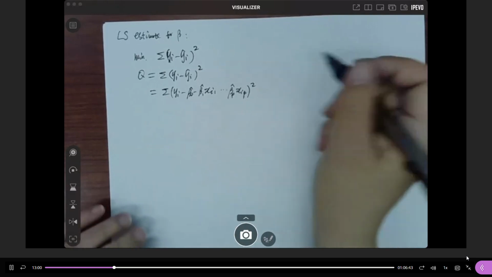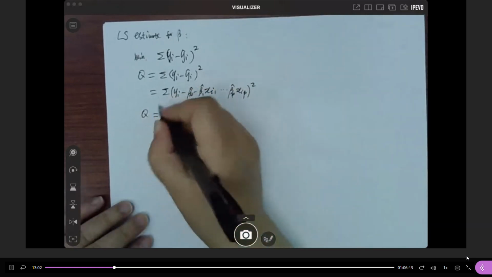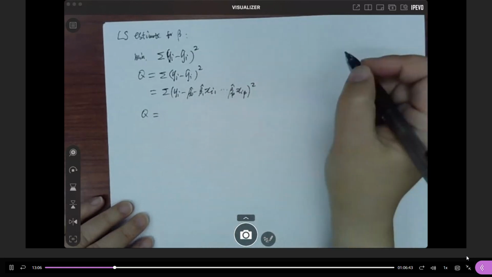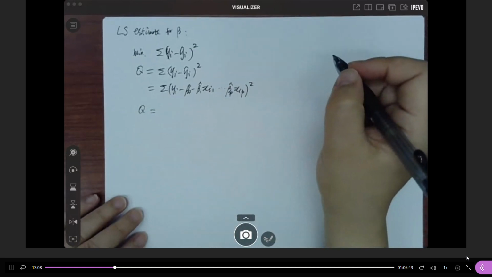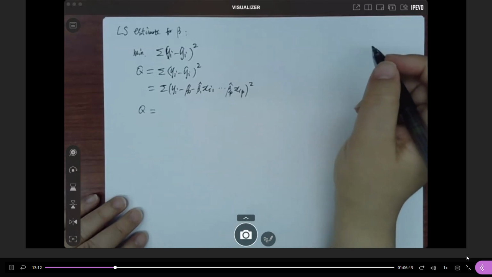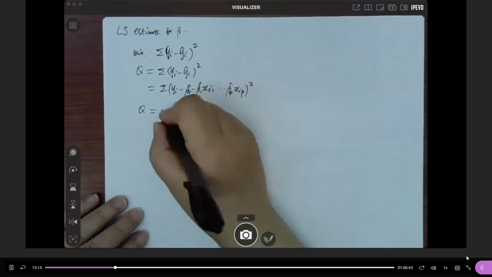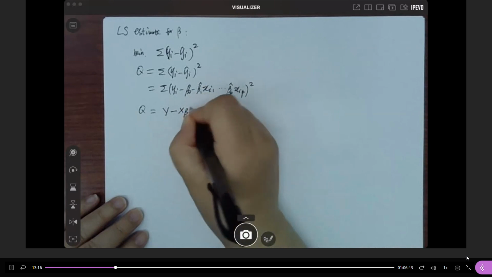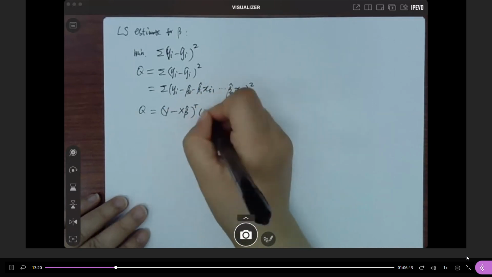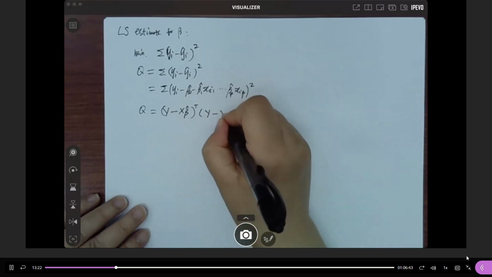Then you can write the matrix form. The summation of something squared is equal to the vector transposed and multiplied by itself. It's basically like the inner product between two vectors. So you can write it as y minus x beta hat, transpose, multiplied by y minus x beta hat.